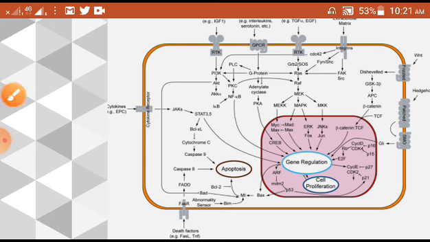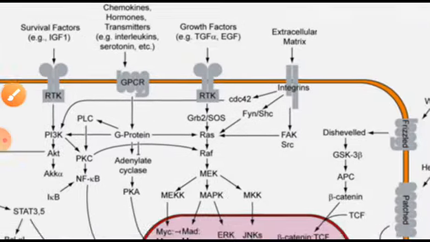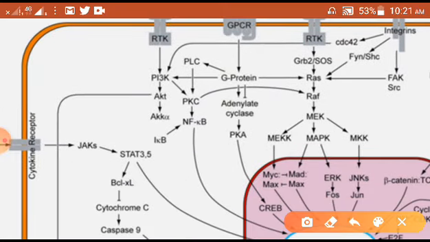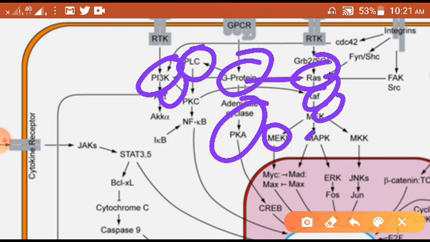Here if you see, you can understand this point very clearly. This PI3 AKT pathway, phospholipase C, G protein, here adenylyl cyclase and protein kinase activation. In the same way, this is also activating RAS, RAF, MEK, and the other MAP kinases, right? So they are all interlinked with each other, right?